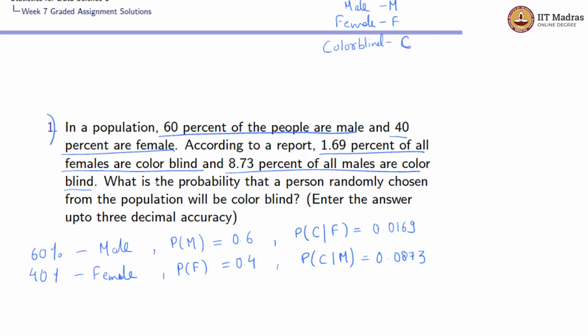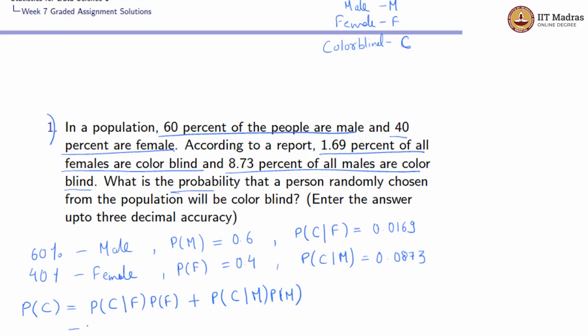What is being asked of us? What is the probability that a person randomly chosen from the population will be colorblind? So if we pick one person from the population, what is the probability of that person being colorblind? So we have to find the probability of C. Using the law of total probability, it will be the probability of C given that the person is a female, times the probability of female, plus the probability of C given that the person is a male, times the probability of male.